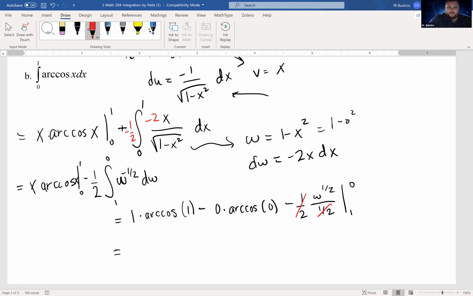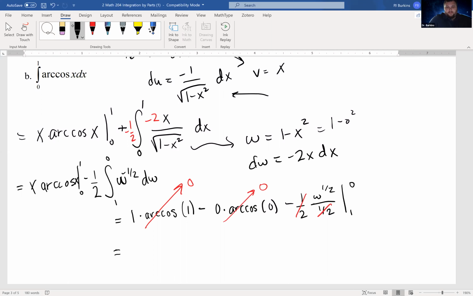So 0 times arc cosine, that's 0. And what is the arc cosine of 1? That means what angle does cosine return a value of 1? That also happens to be 0. So that's really nice. All that stuff just goes away.